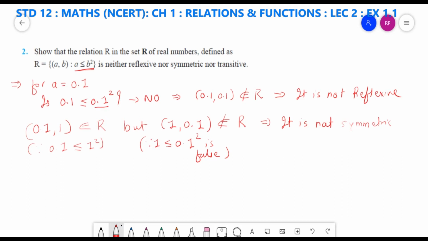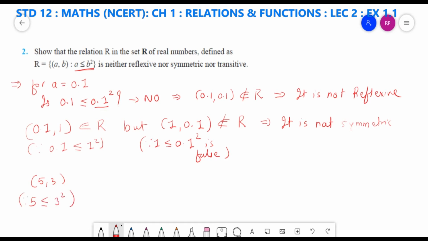Now for transitive. For transitive, we have to take two examples where (a, b) belongs to R and (b, c) belongs to R, and that must imply (a, c) belongs to R, then only it will be transitive. So we have to find an example in which (a, b) belongs to R, (b, c) belongs to R, but (a, c) does not belong to R. If we take an example like (pi, 3), is pi less than or equal to 3 square?